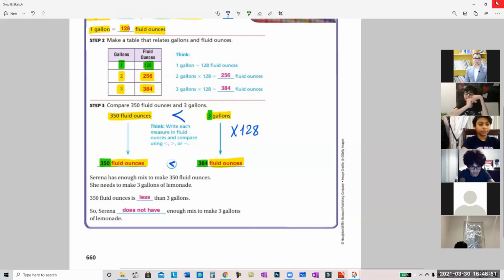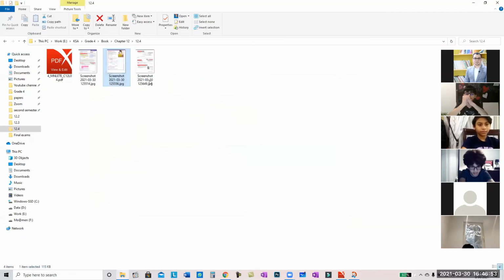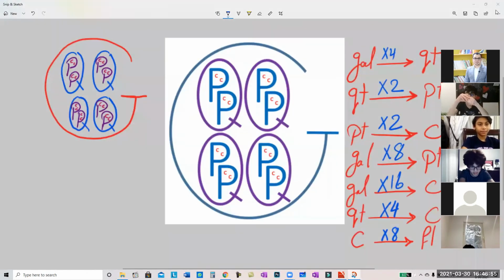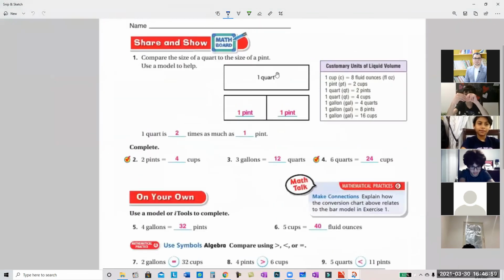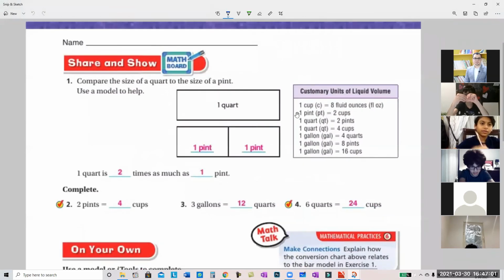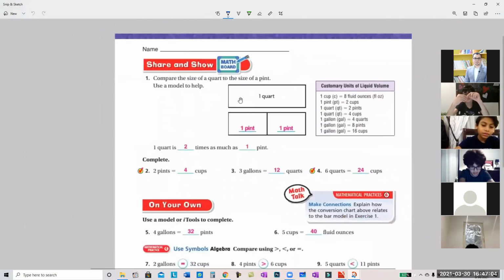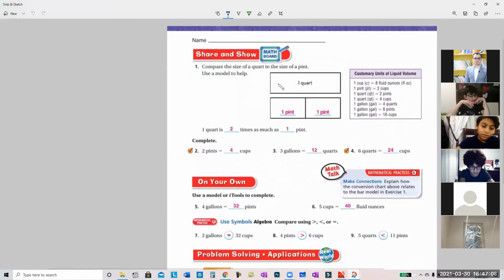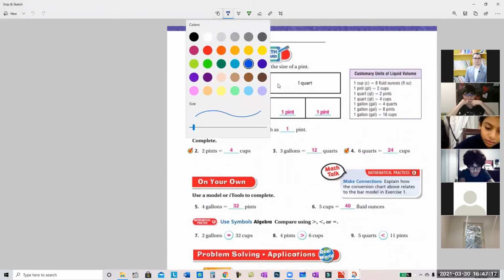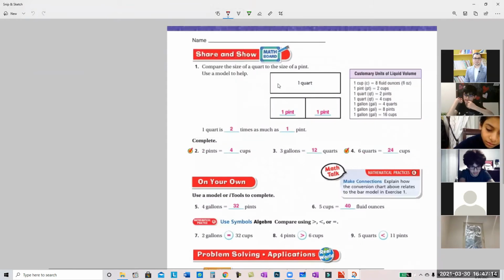Okay, everyone, let's move to the next page. Okay, before we start the next page, let me draw for you our model here to use it to convert between these measurements.